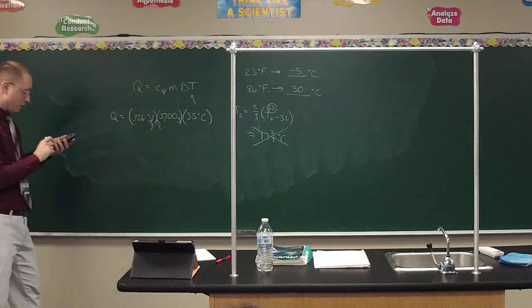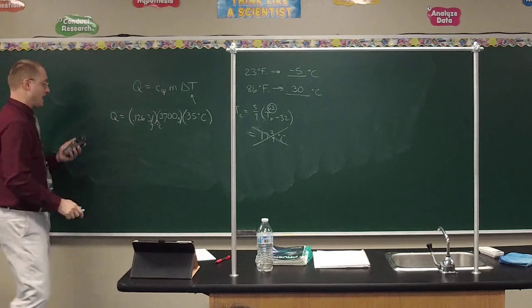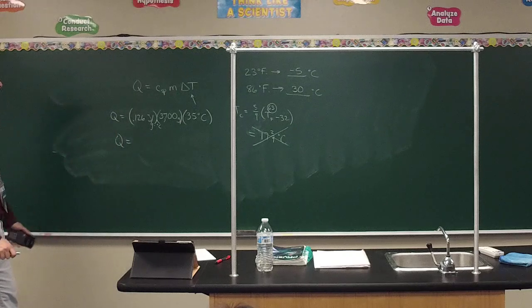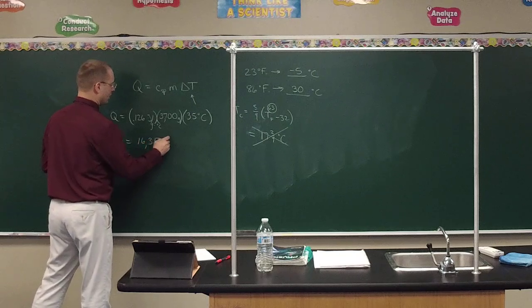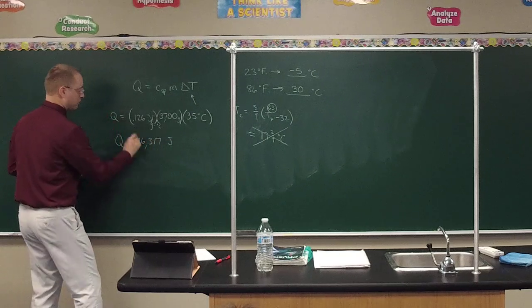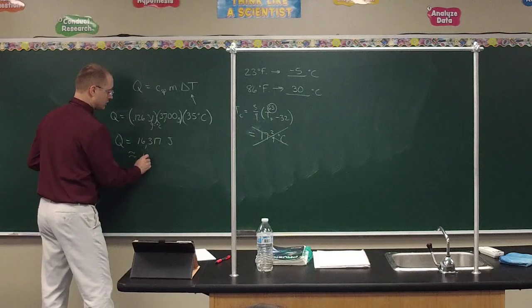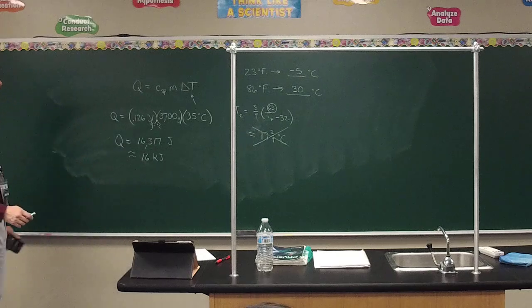We'll multiply all of those things together. How much heat is needed to raise the temperature of that bar of gold? 16,317. And we'll round off to 2 sig figs: 16,000. 16 kilojoules, or you could say 16,000 joules, or 1.6E4 joules.